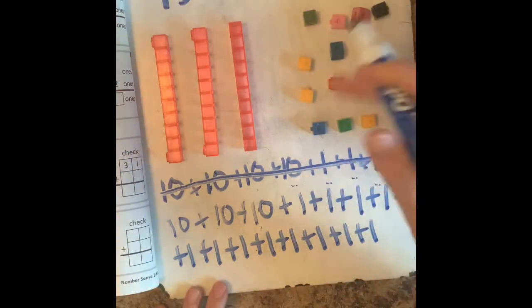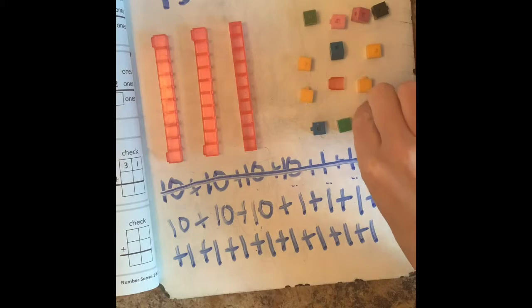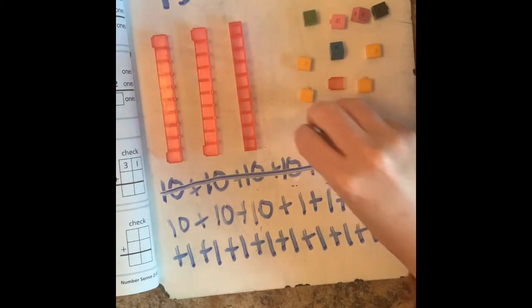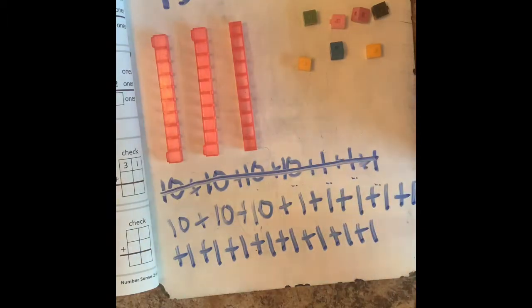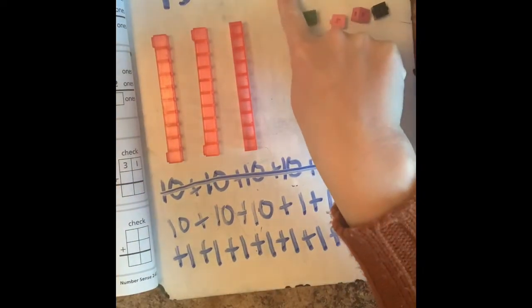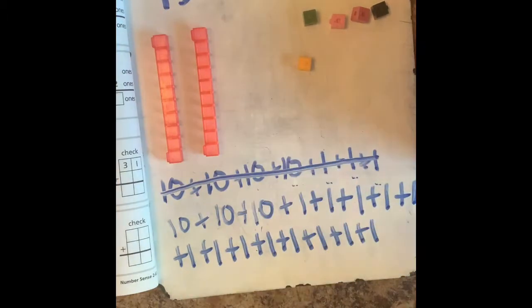So now, can I take 8 away from here? So I can take 1, 2, 3, 4, 5, 6, 7, 8 away. And so I've taken my 8 ones away, and now I need to take 2 tens away. And this is what I have left.